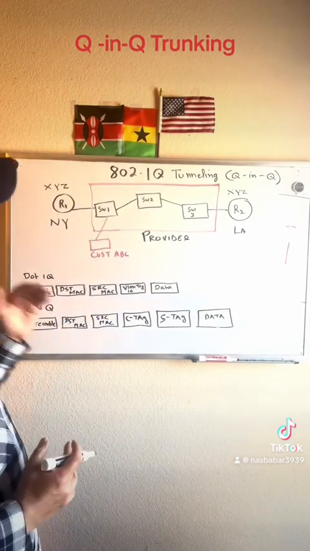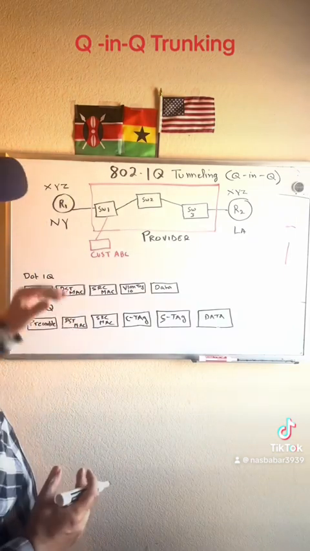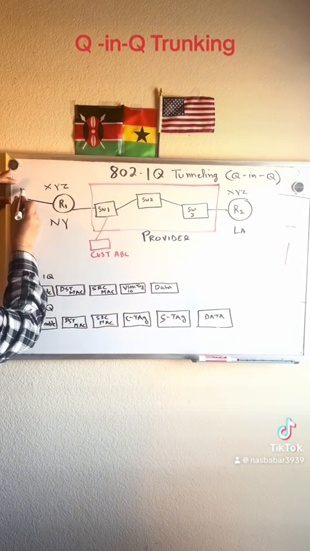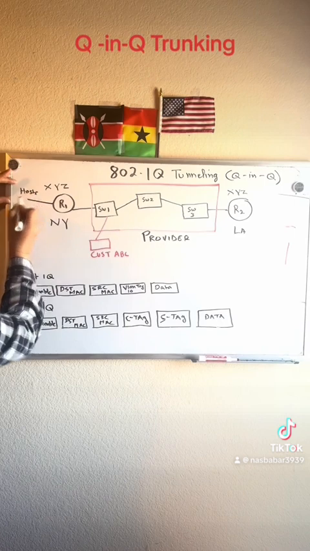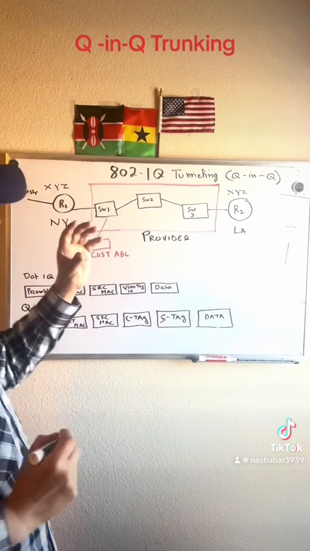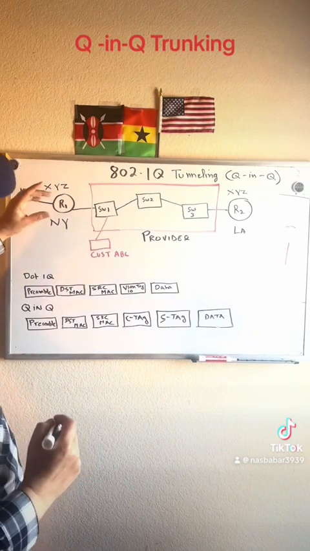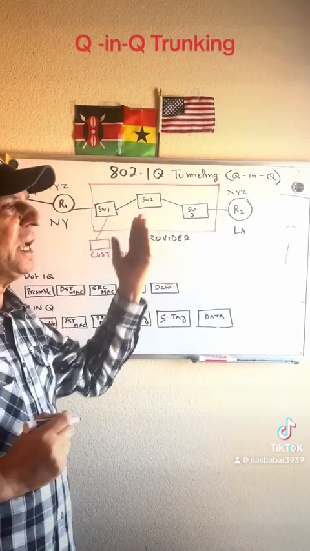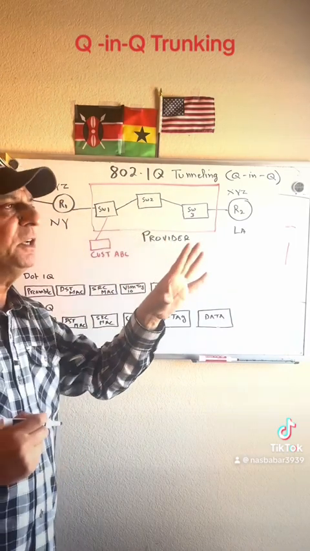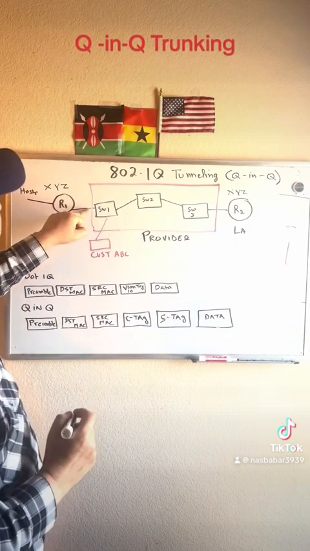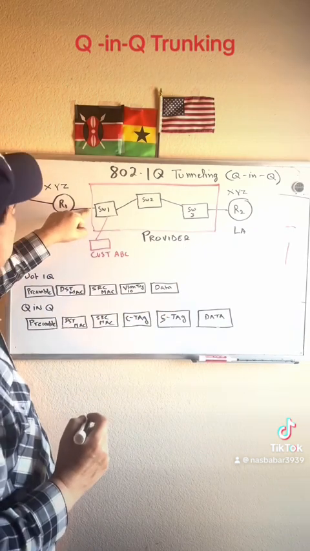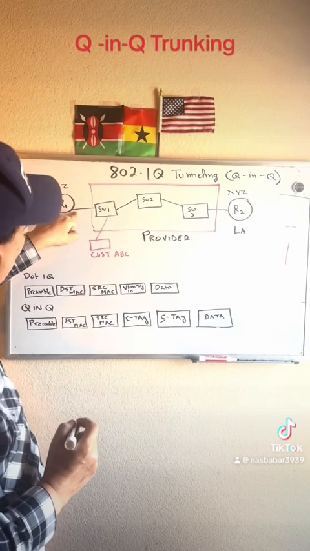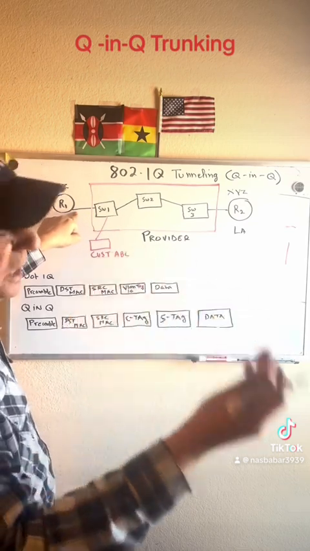So in traditional .1Q trunking, when a host right here sends an Ethernet frame to router 1, router 1 has encapsulation .1Q configured, and then it sends to the switch. Basically, R1 is going to add the tag.